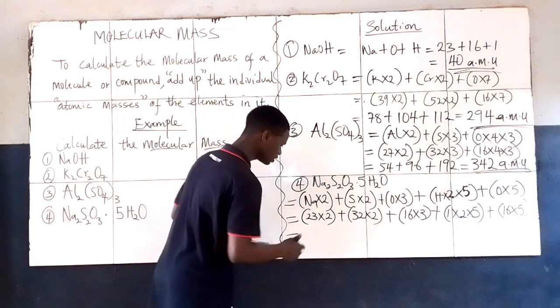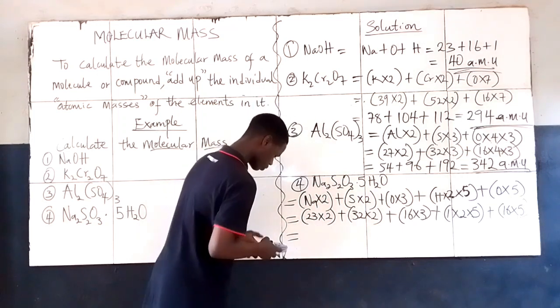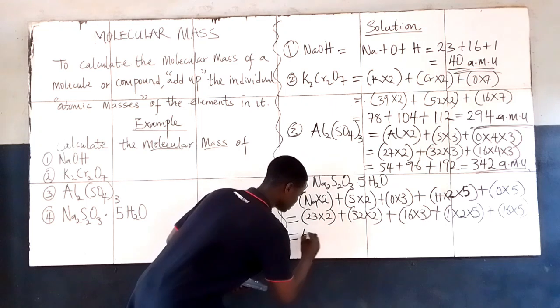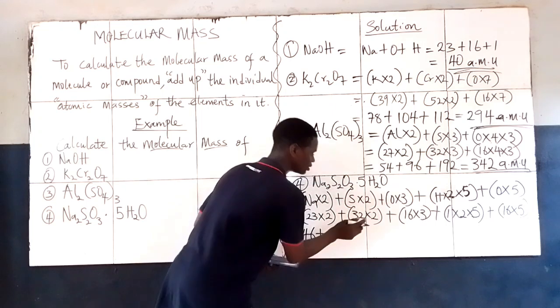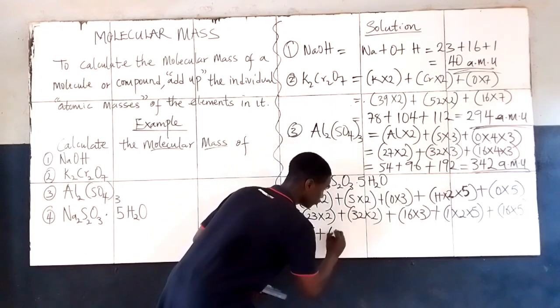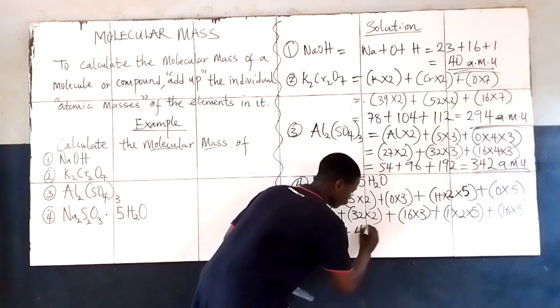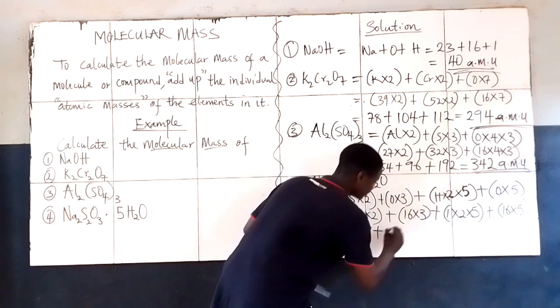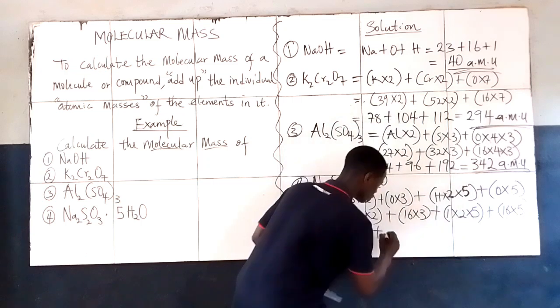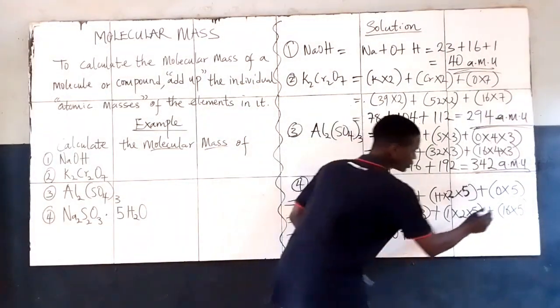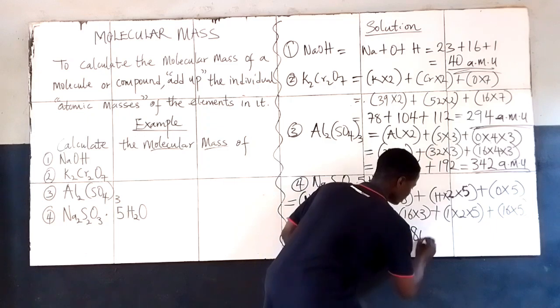Now, 23 times 2. Okay, 23 times 2. That gives us 46. Added to 32 times 2 is 64. Added to 16 times 3 is what? 48. Okay? Added to 1 times 2 times 5 is what? 10. Are we together? Then lastly, 16 times 5 is what? 80.